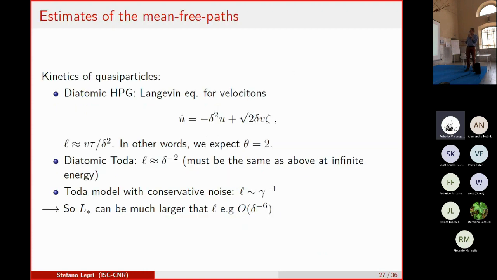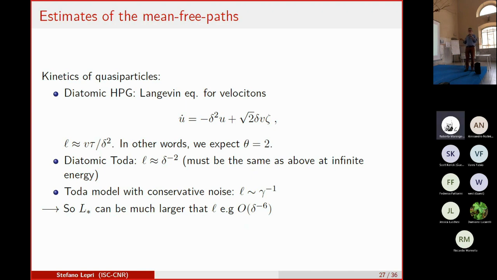If you go to the limit in which the energy is infinite, so the system is made of hard particles, you can indeed make an estimate, because in this case they are just free particles, and you can assume this kind of Langevin dynamics. And you find that indeed, if delta is the mass difference in the two, this scales roughly like 1 over delta squared.